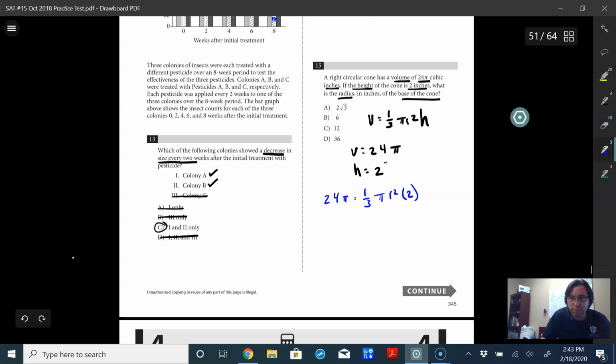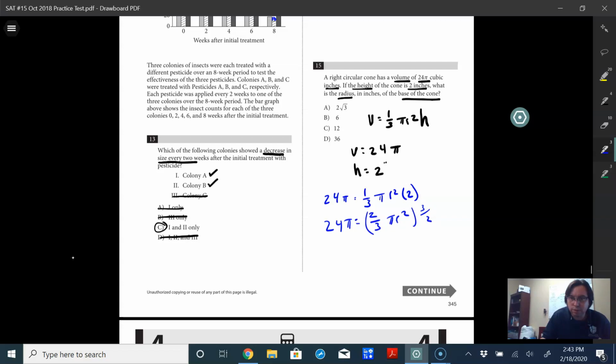Let's go ahead and divide by pi. All right, let's simplify this further. So 1/3 times 2 is going to be 2/3 pi r squared. It's 24 pi. So let's multiply this by 3/2.